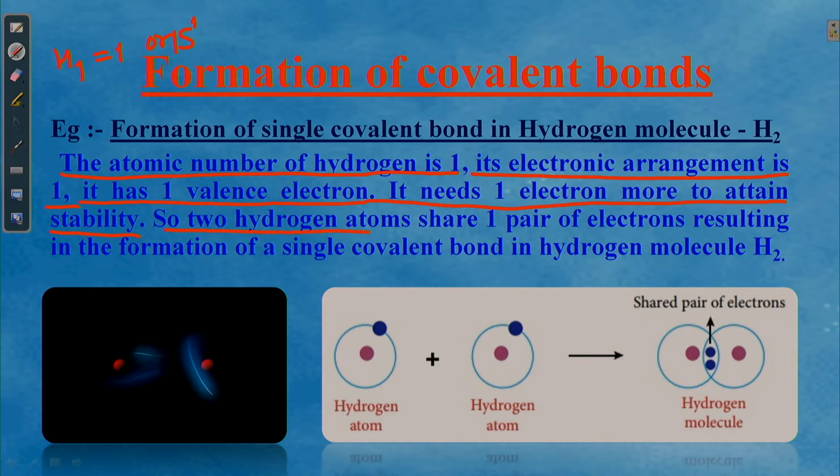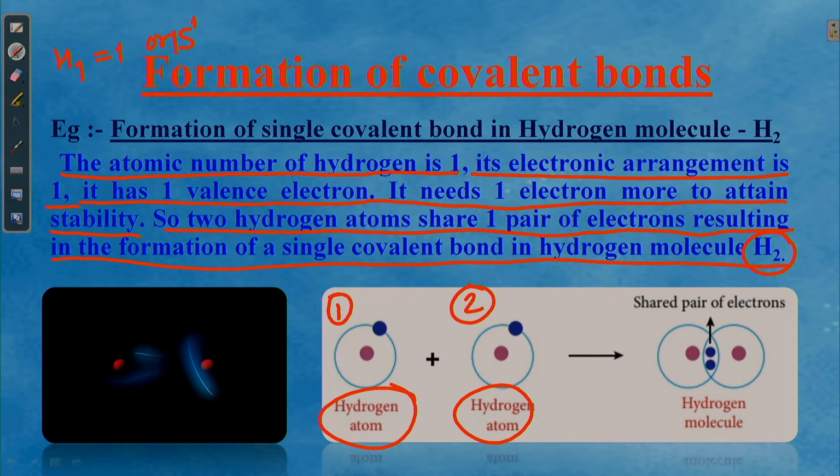So 2 hydrogen atoms share 1 electron each, resulting in the formation of a single covalent bond in the hydrogen molecule, that is H2. As you can see on your screen, this is one hydrogen and this is the other hydrogen. They get closer and they share their electron, and after sharing it will convert into a hydrogen molecule.